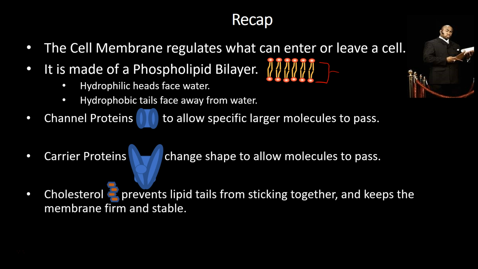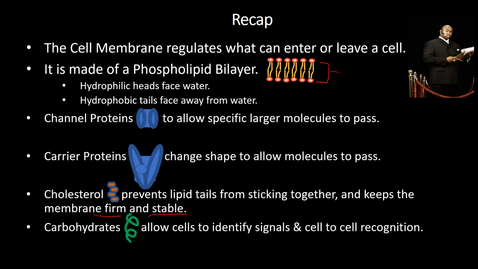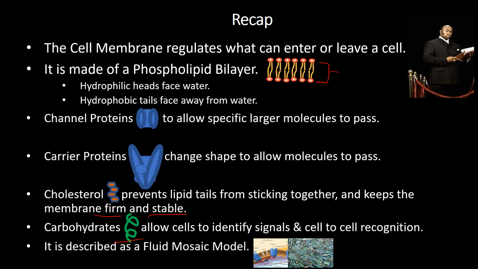Cholesterol prevents lipid tails from sticking together and keeps the membrane firm and stable. Okay, it gives a little bit of structure and integrity. There's carbohydrates that allow cells to identify each other. Think of the carbohydrate as like a name tag, basically just saying, hey, I'm part of you. And then lastly, this phrase, the fluid mosaic model, is used to describe the plasma membrane because there's different pieces embedded in there, and it's fluid-like. It's not a complete solid structure.